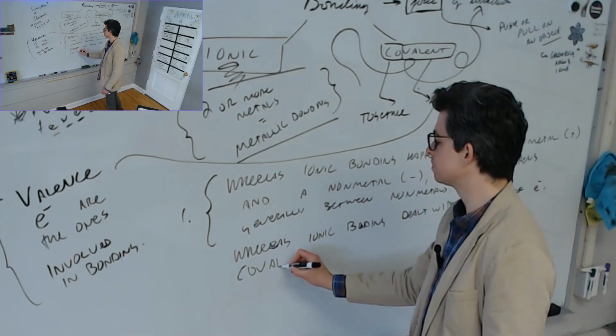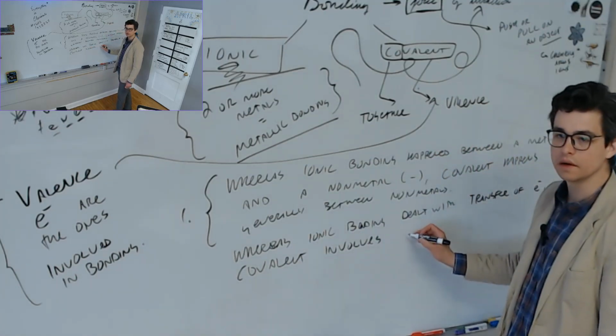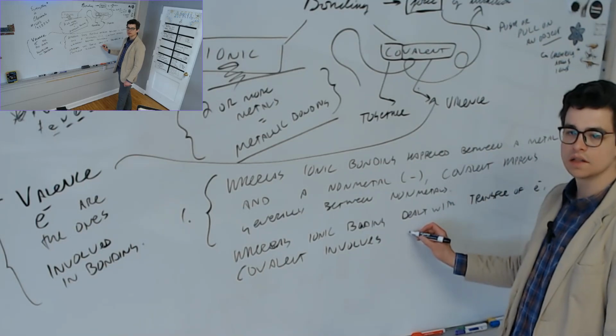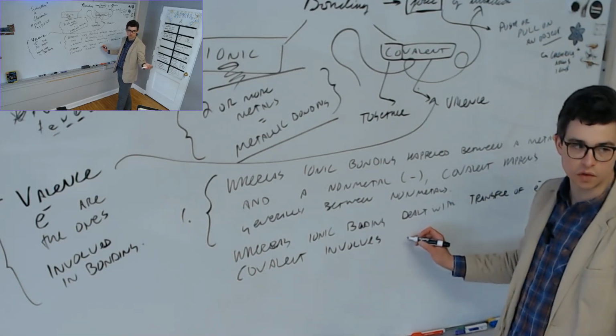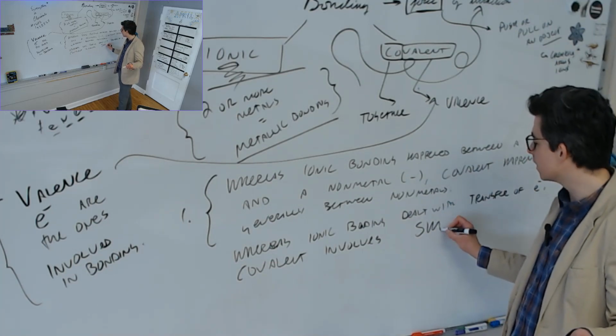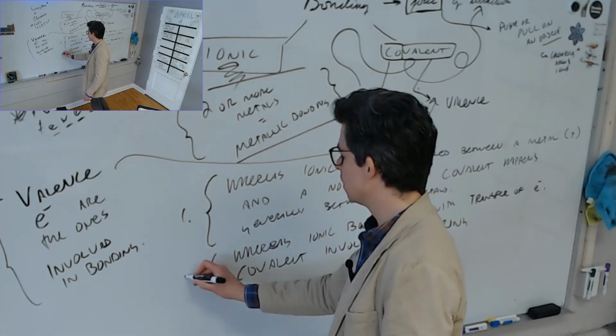Covalent involves what? What are they doing in this one? It's not transferring. One is not giving and the other one's receiving. They're doing what? Sharing. Just like when you was in preschool. Sharing.